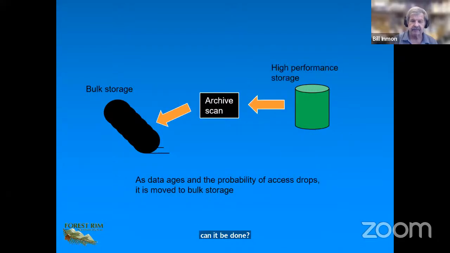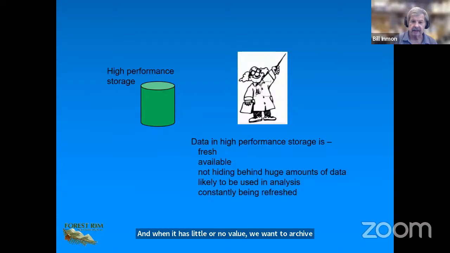And by the same token, you want to, on occasion, take your high performance storage, your data lakehouse, and archive data. You see, what happens is over time, data loses its propensity for being valuable to the corporation. And at some point in time, as data gets to be old, it has little or no value. And when it has little or no value, we want to archive it out of our data lake environment. So what happens when we do this?